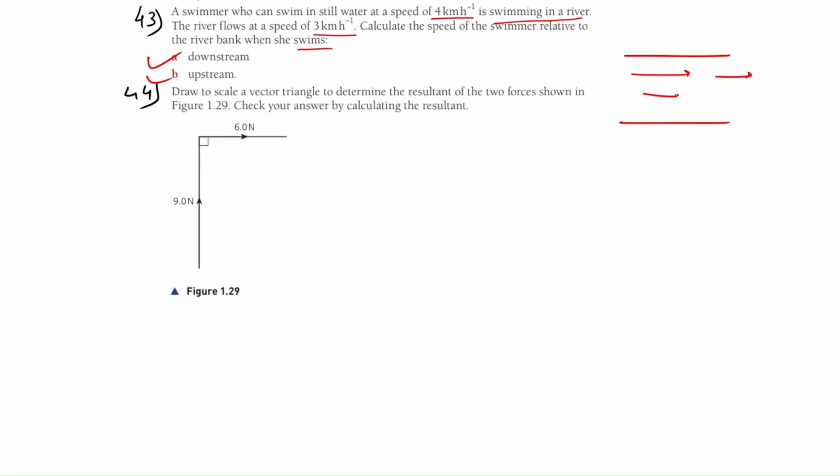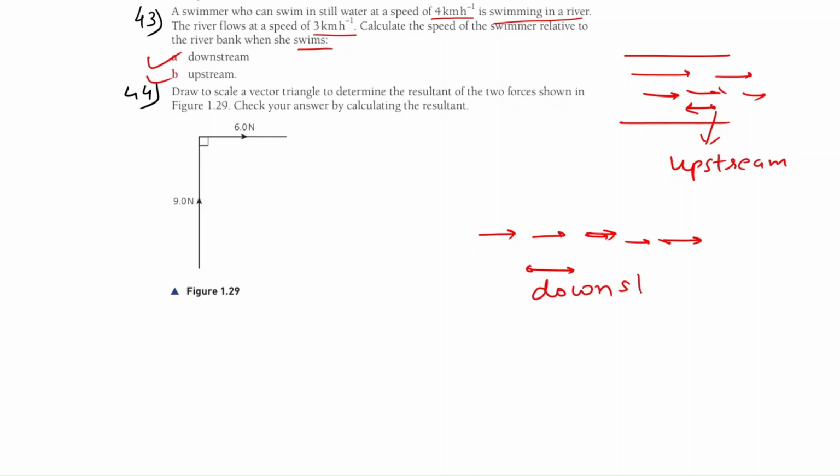If there is a river here, a person who swims opposite to the river stream is called upstream. And if the river flow is in this direction and the person also swims in the same direction, it's called downstream. Okay, I hope the foundation of upstream and downstream is clear.